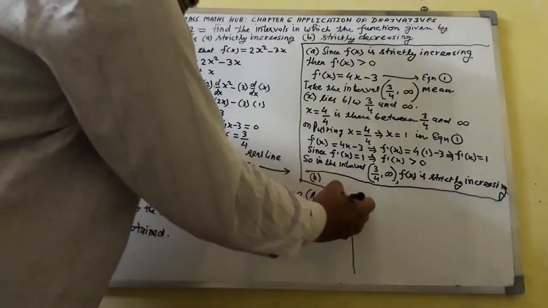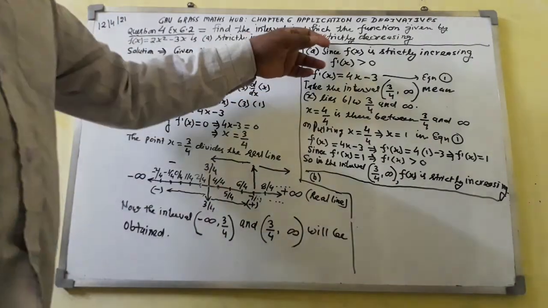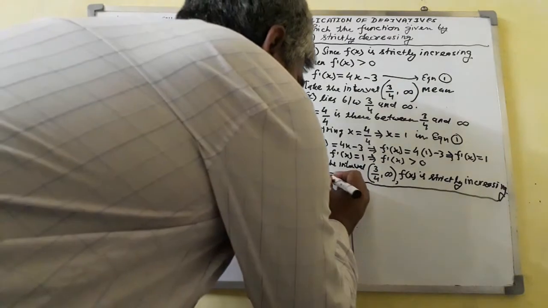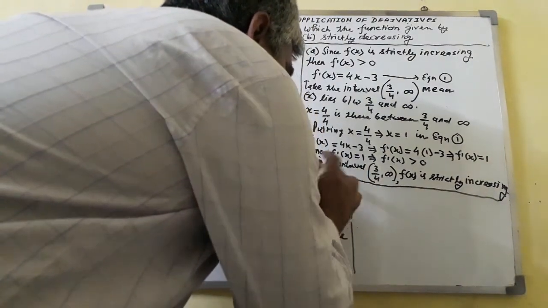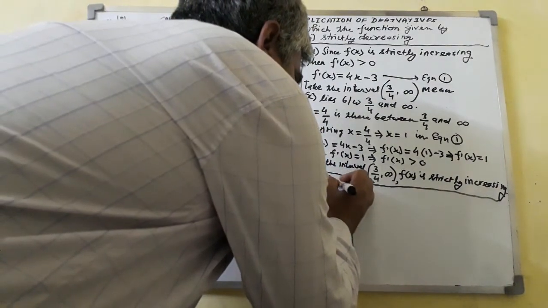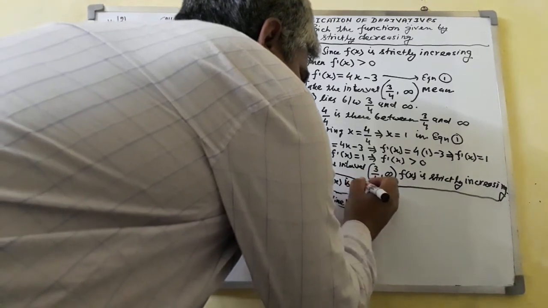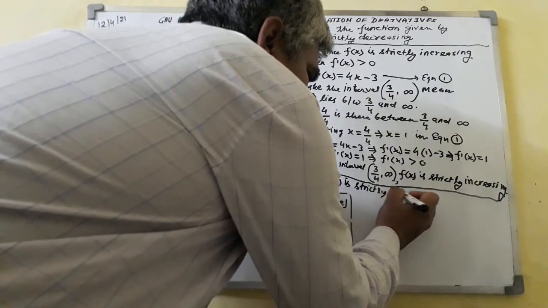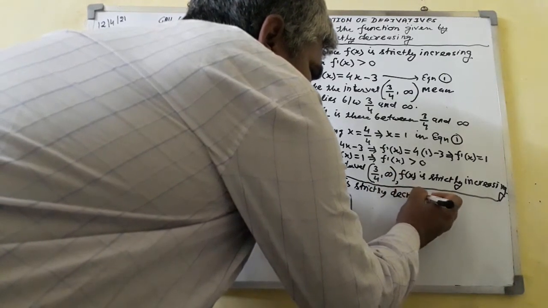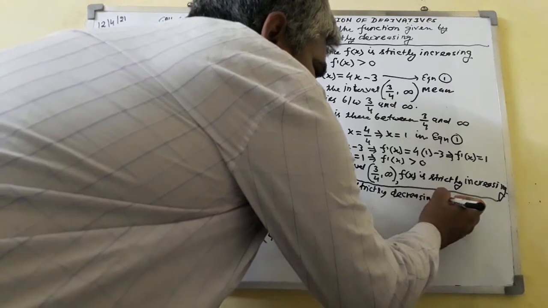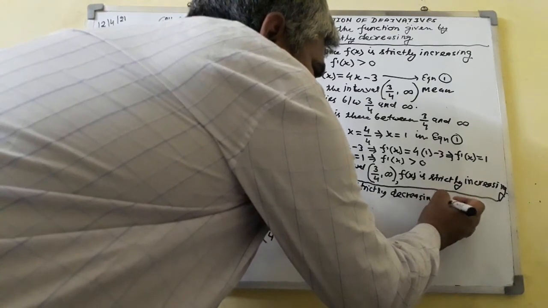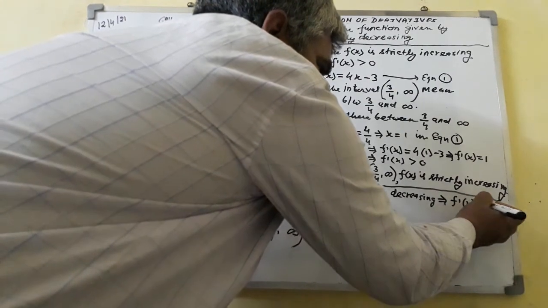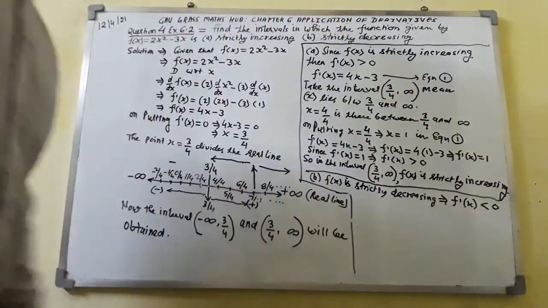Solution B. It says f of x is strictly decreasing. So here I shall write f of x is strictly decreasing, which implies that f dash of x will be less than 0.